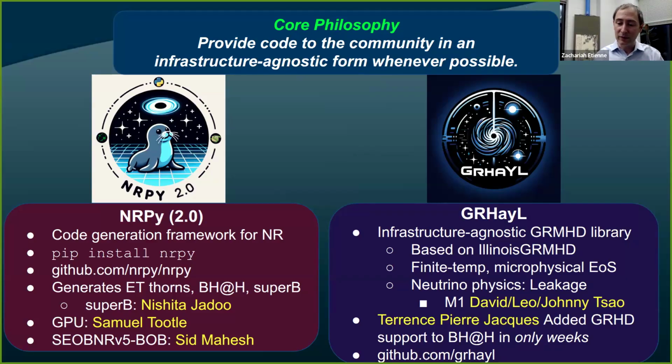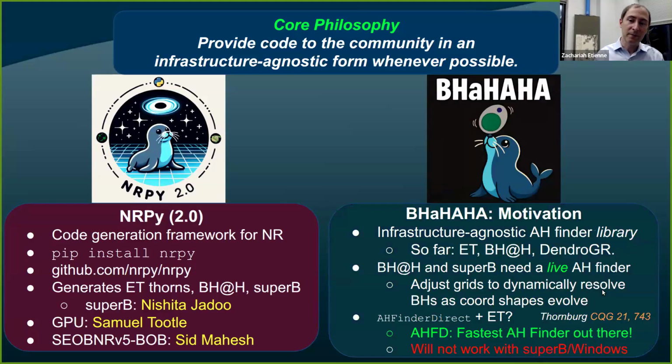You can learn more about and download GRaiL at any time at GitHub.com/GRaiL. GRaiL is in the Einstein Toolkit as well, I should point out. And the Illinois GRMHD in the toolkit right now actually just calls library functions from GRaiL to do its science.